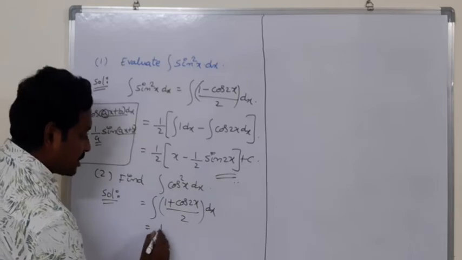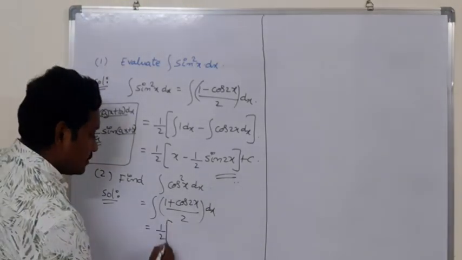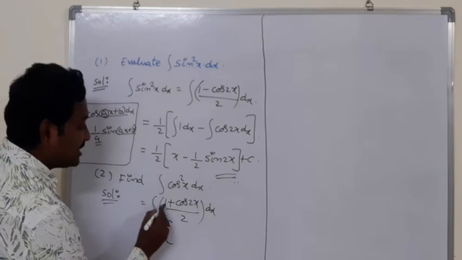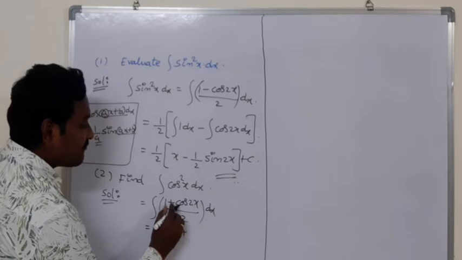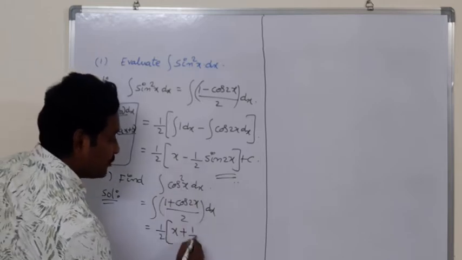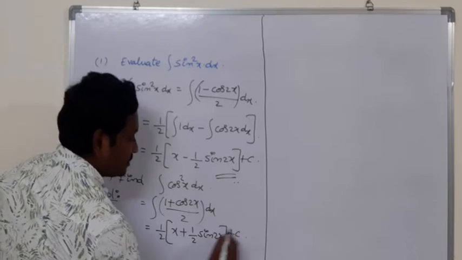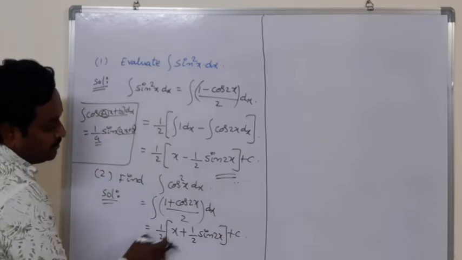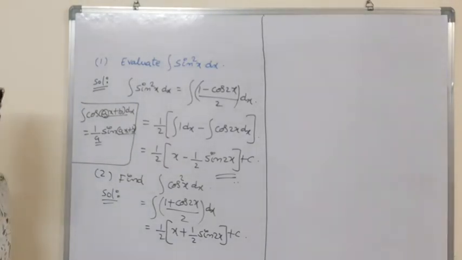Now 1 by 2 is the constant term, so please write it outside of the integration. Directly you can write integration of 1 dx is x plus integration of cos 2x is 1 by 2 into sin 2x plus c. Just the negative sign in between them is the difference between the previous problem and this problem. Remaining are all the same. Okay.